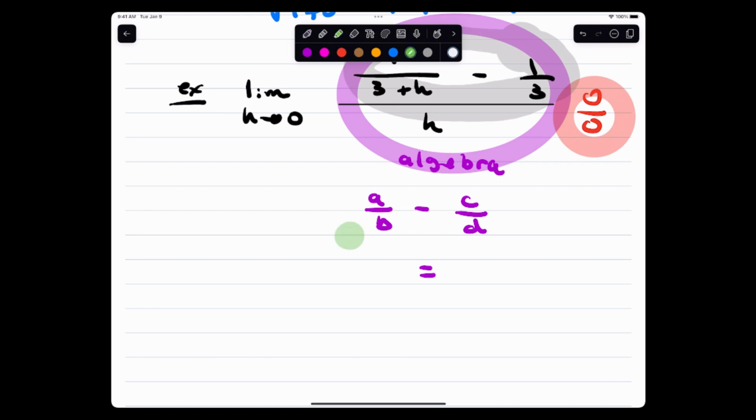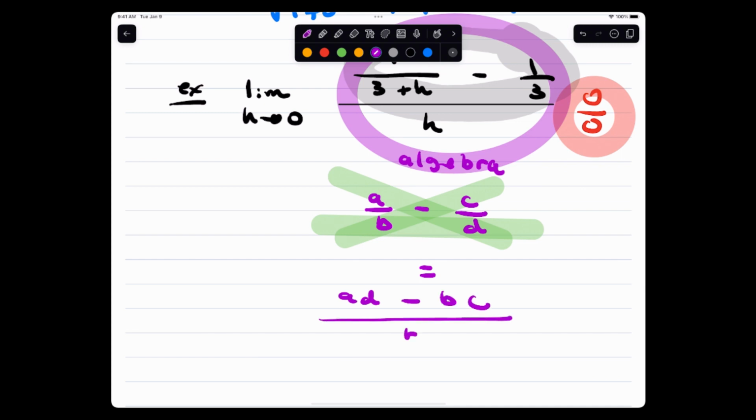Okay, use this cross. Remember this? This is going to equal ad minus bc over bd. You're subtracting two unlike fractions.